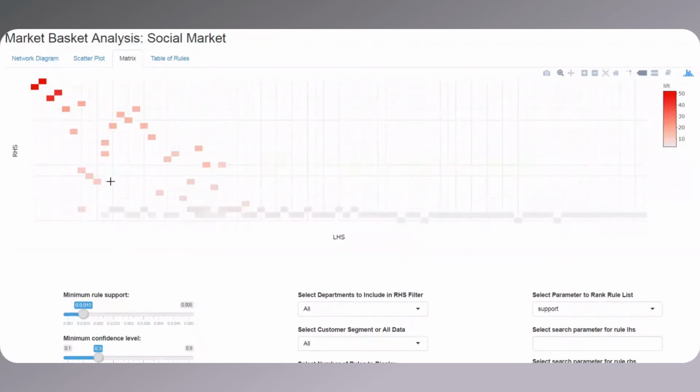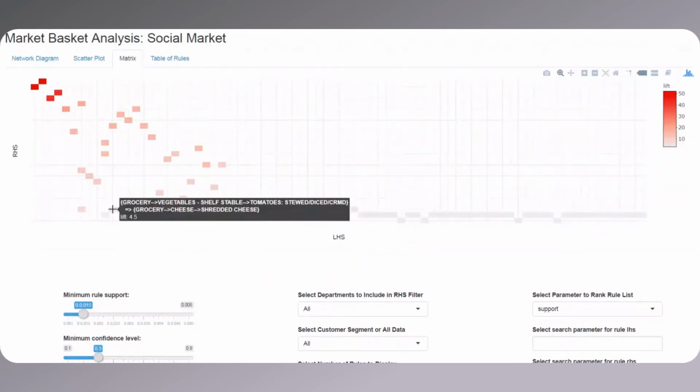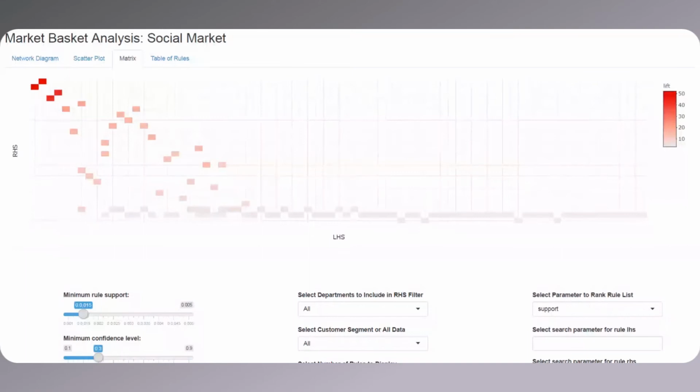If we drop down along the vertical axis, we can see that also customers purchasing canned tomatoes are likely to also purchase shredded cheese. So in this case, tomatoes is repeating more than once on the left-hand side in the top 100 rules.